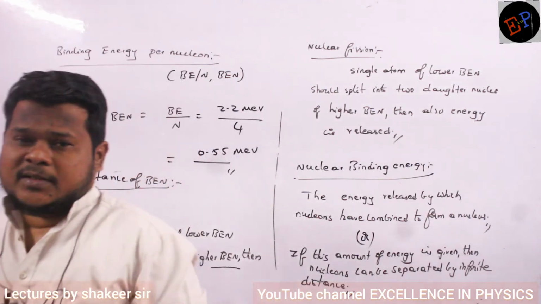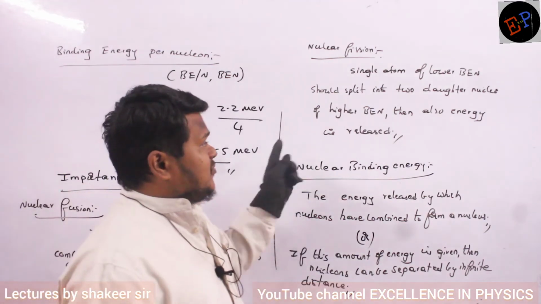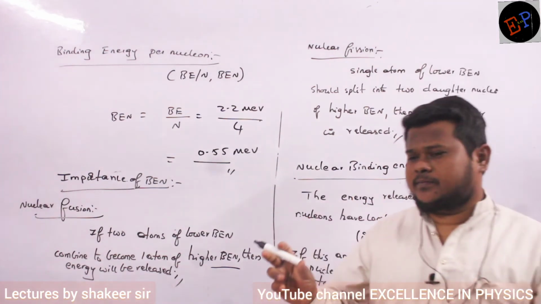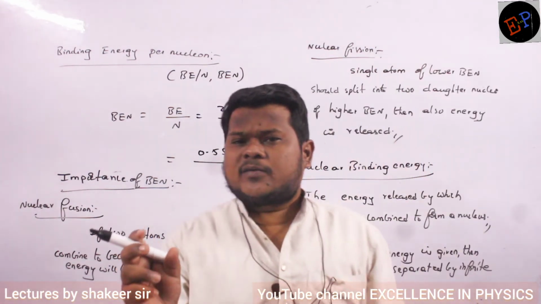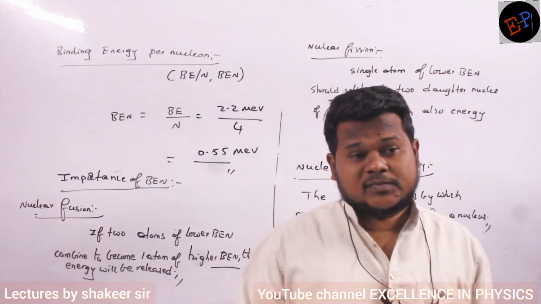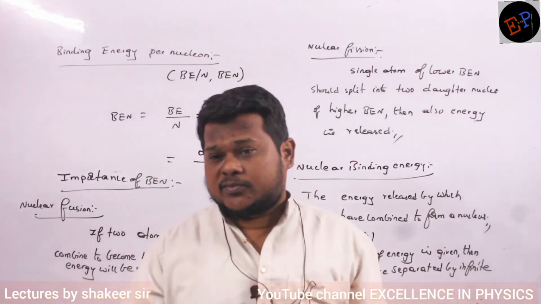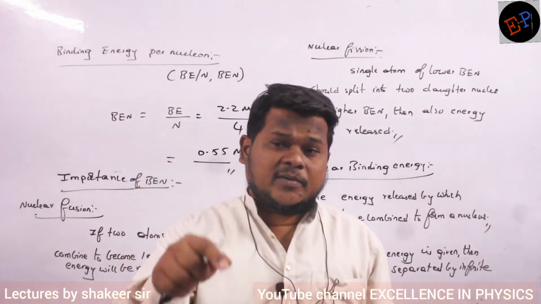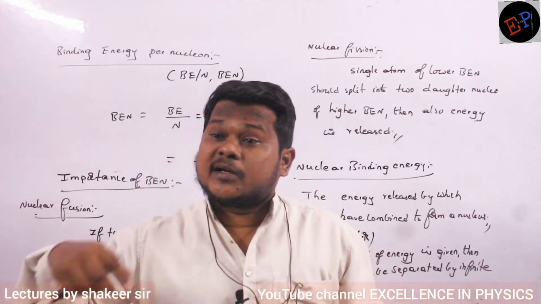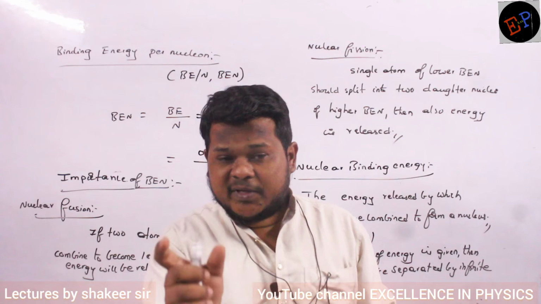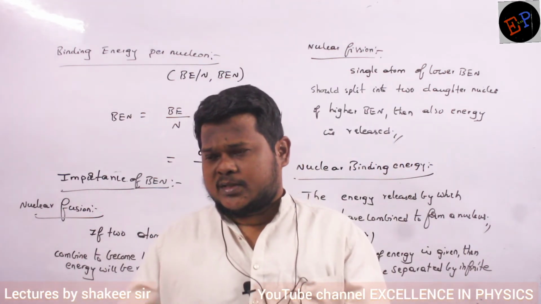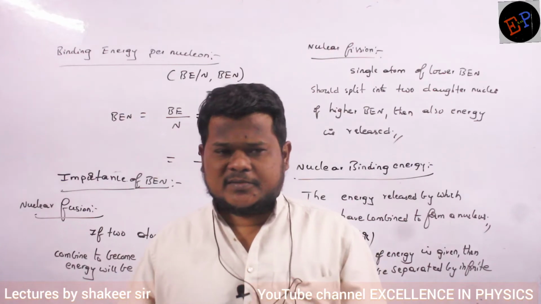Okay. So in nuclear fission, what is happening? There is one single atom whose BEN value is lesser. That should be split into two daughter nuclei, and each daughter nucleus's BEN value should be greater. If BEN is greater, it means more energy is converted into mass, no? So automatically energy will be released.